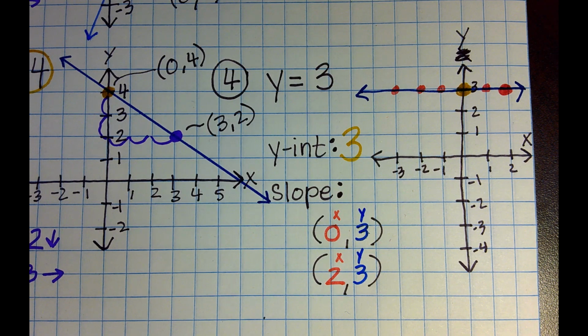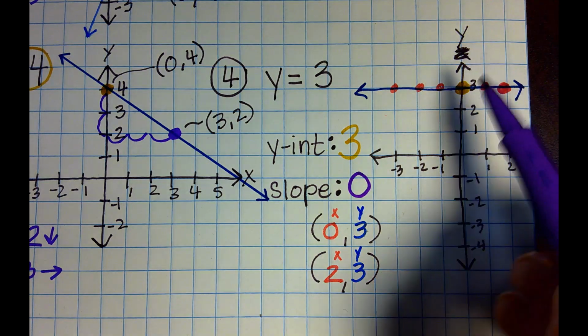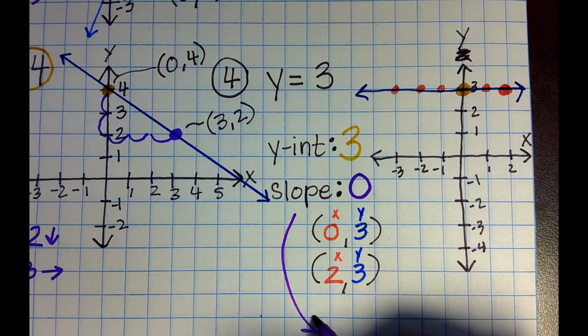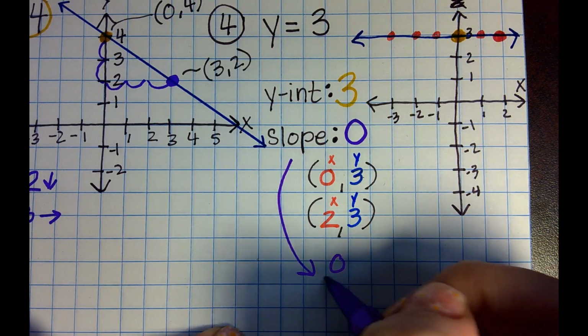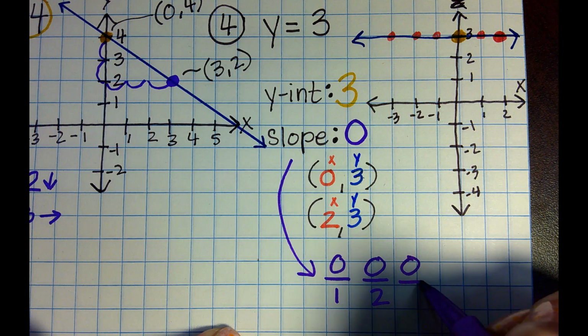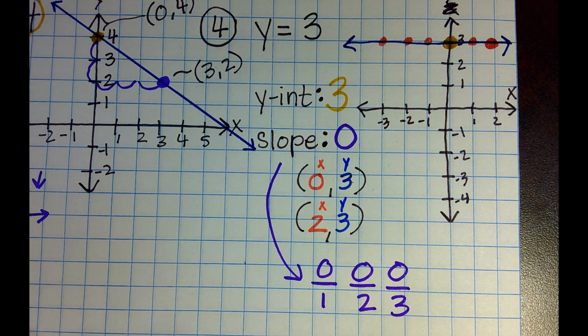And I'm going to show you why that works, how we know that. Our slope is going to be 0 because our slope could be 0 over 1. It could be 0 over 2. It could be 0 over 3. Any of these fractions are still 0. If you have 0 on top of a fraction, it's just 0 because it's saying I have 0 divided by one person.